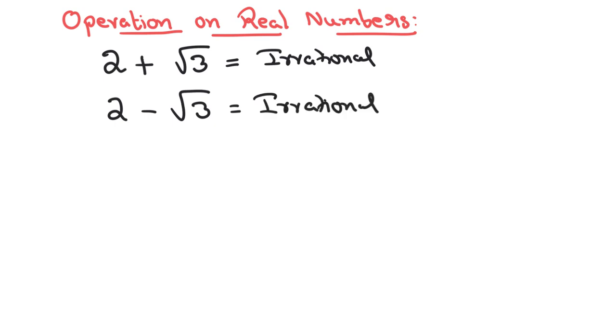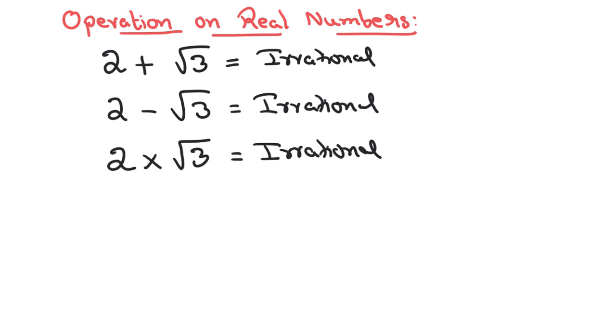Okay. What about multiplication? A rational number multiplied with an irrational number is 2 root 3. It is still irrational. Understand? What about division?